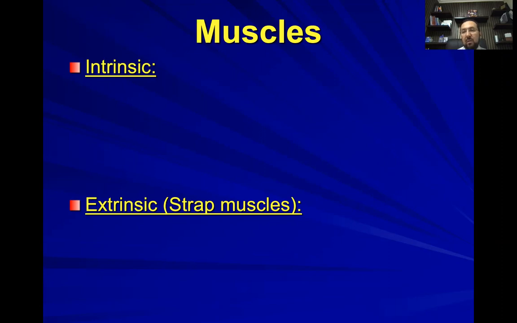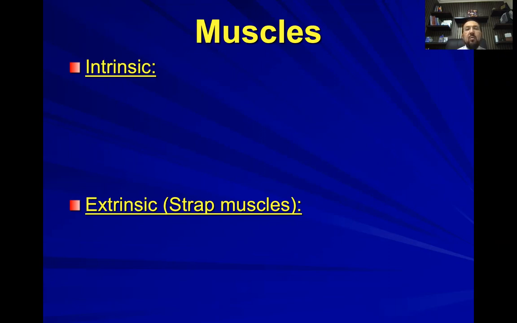It supplies sensation to the interior of the larynx from the level of the vocal folds downwards, as well as motor supply to the rest of the intrinsic laryngeal muscles, that is, all the intrinsic laryngeal muscles except the cricothyroid.